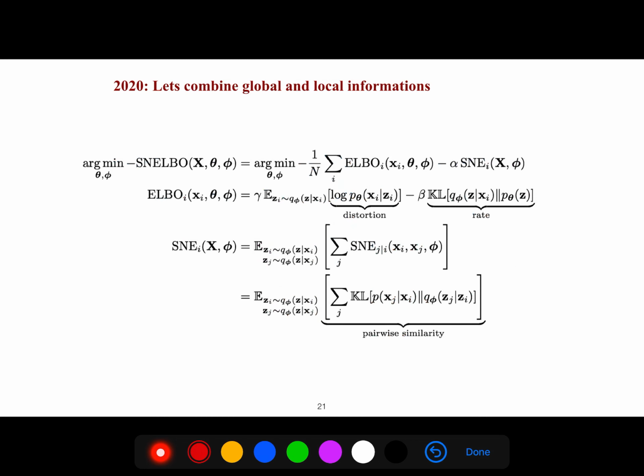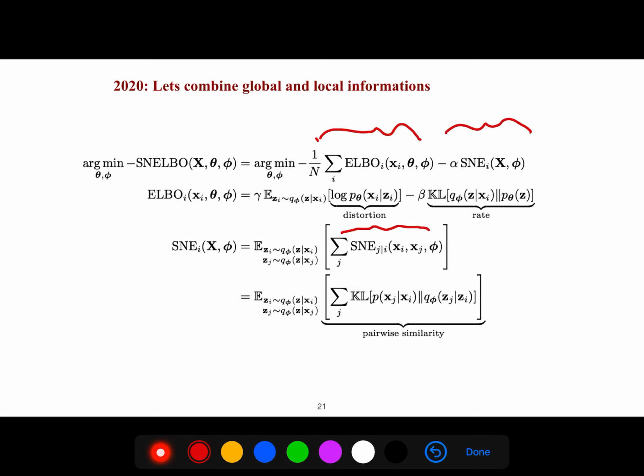And this is not difficult. You have seen several times the ELBO in variational autoencoder, or any similar approaches in variational inference. For example, in stochastic variational inference, in several places you have seen the ELBO. And this is the added objective function, the SNE term that we add, which is just the expectation of SNE.